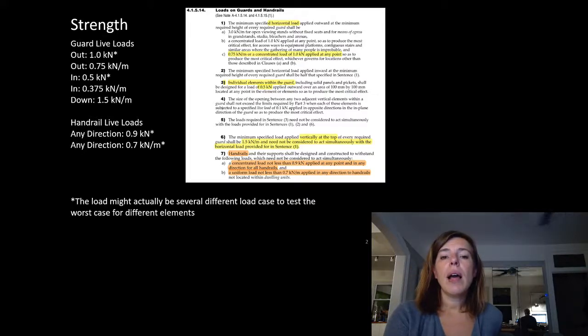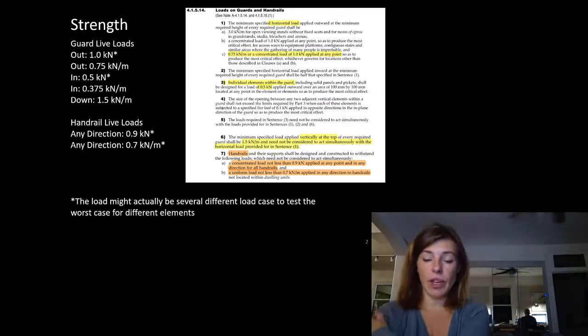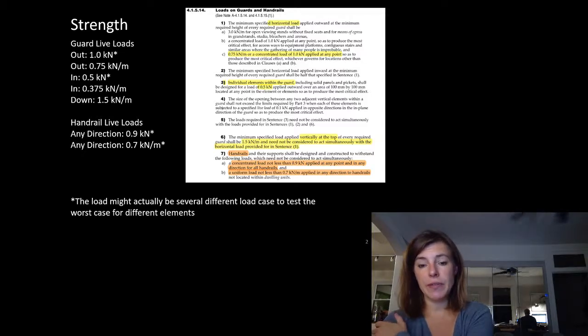Okay, so the latest edition of the code is the National Building Code of Canada 2015, which really didn't come into effect in Ontario until the Ontario Building Code says to use it, which is normally when a newer Ontario Building Code comes out.